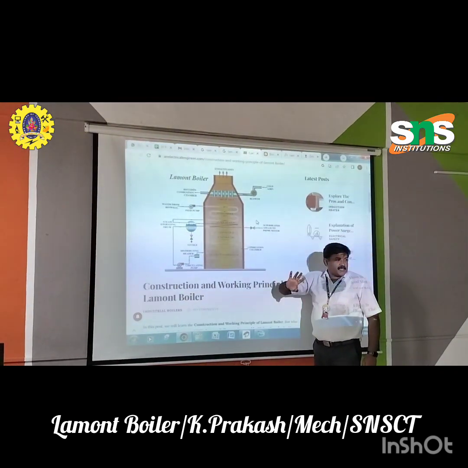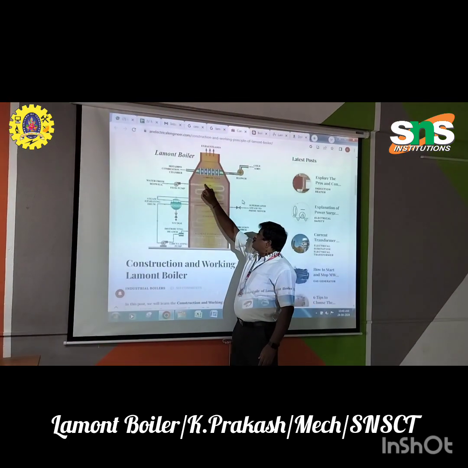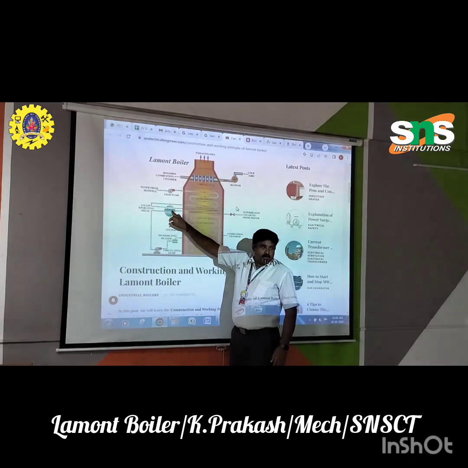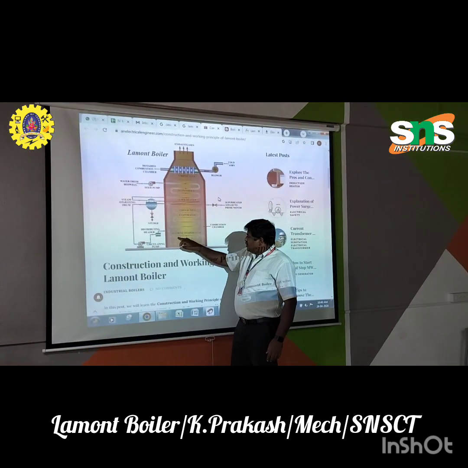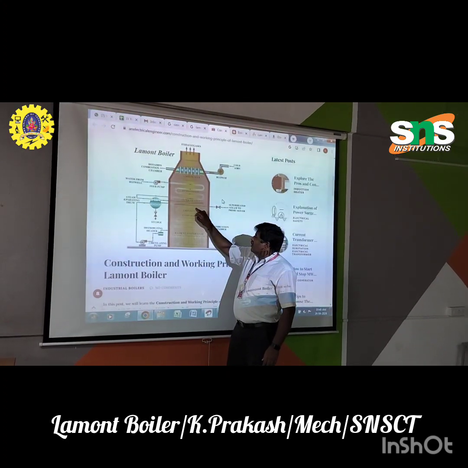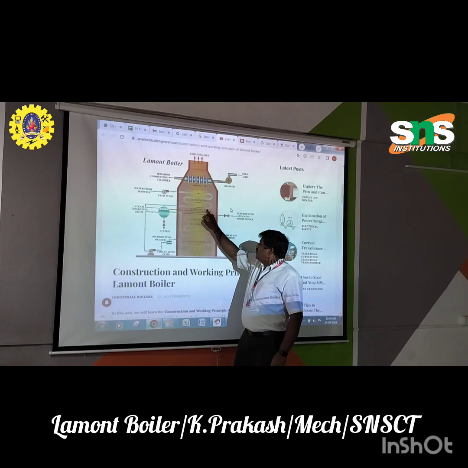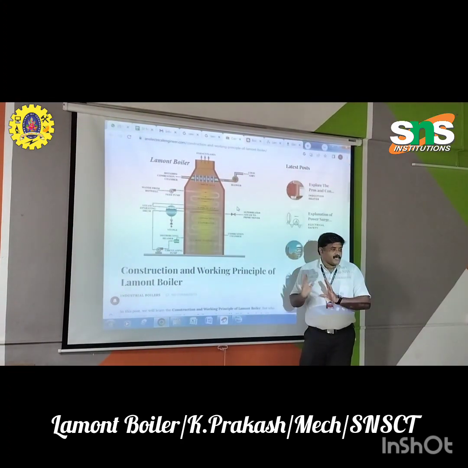So clearly understand that this is a separate source where water is heated and then comes here. Again this water is supplied here, it is completely heated and converted into steam and comes here where the steam is separated and the steam is going outside. Can you understand now? So these are the construction features.